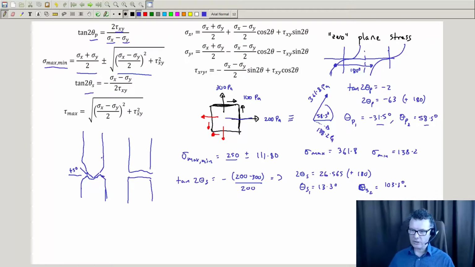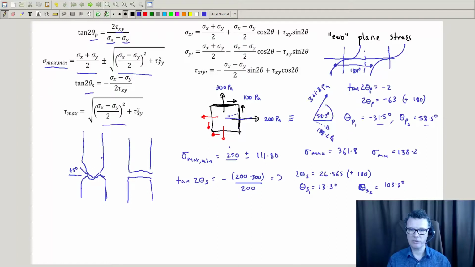Okay, so if it's going to shear along this, in this case it would be quite shallow, and if it will be shearing along this line. How much shearing stress is being experienced, and that's what we could use this for.